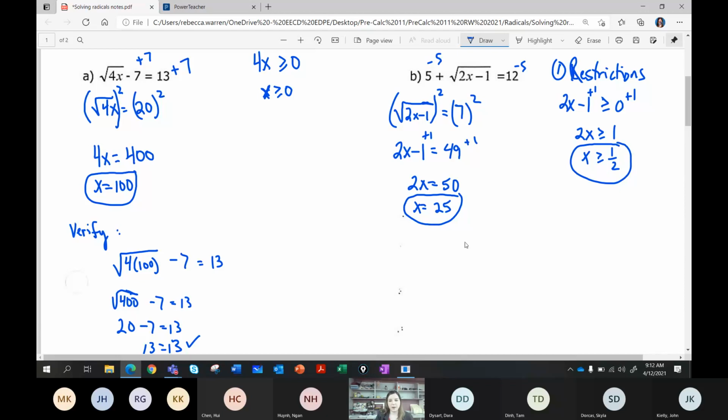Then I want to check that really quick. And again, you always plug it into the original, not anything you've rearranged. So 5 plus the radical of 2 times 25 minus 1, and that should equal 12. 2 times 25 is 50. 50 minus 1 is 49.